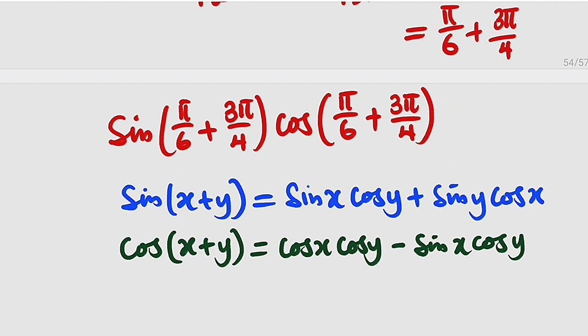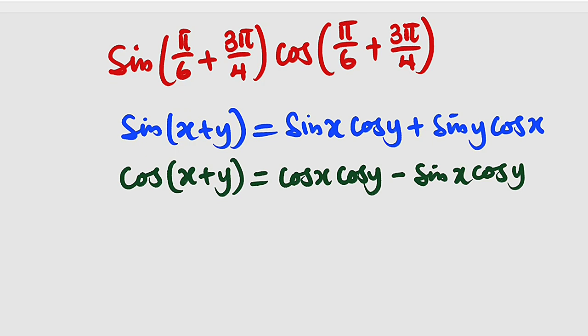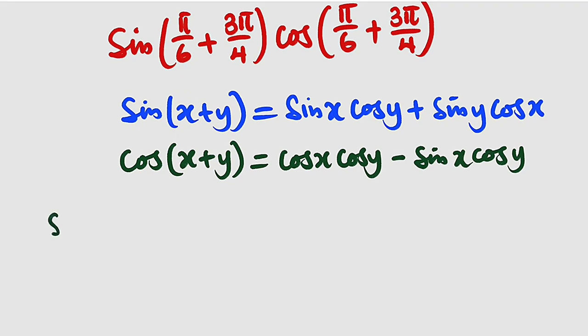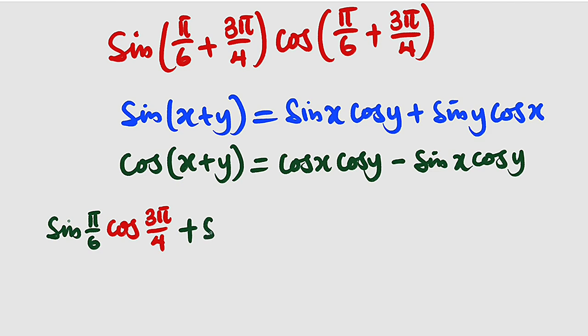Though it is a single expression, we have sine of pi divided by 6, for which our x here is pi divided by 6. So for sine, we have sine of pi divided by 6 times cosine of 3 pi divided by 4, then the next term, sine of y, for which y is 3 pi divided by 4, multiplied by cosine of pi divided by 6.